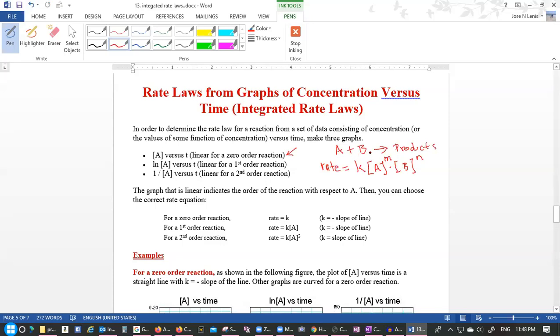And then you measure again the concentration of A after 10 seconds. Usually you create a very interesting experiment where you have a way to keep track of changes in concentrations.